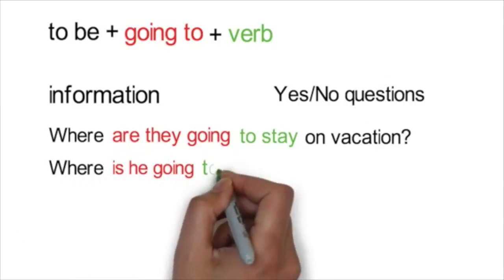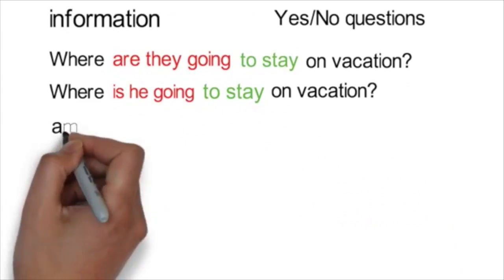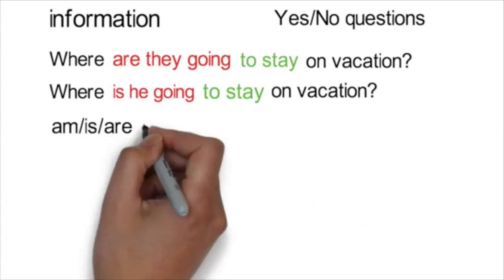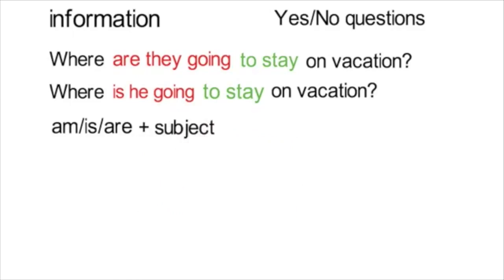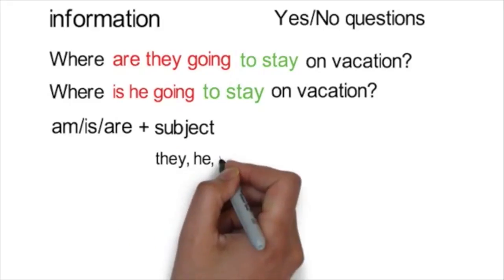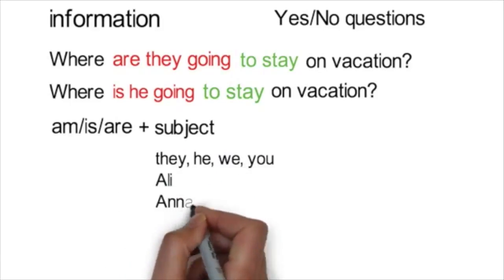To make these questions, we start with the verb to be, am, is, or are. Then we write the subject, such as they, he, we, you, Ali, Anna and Maria.